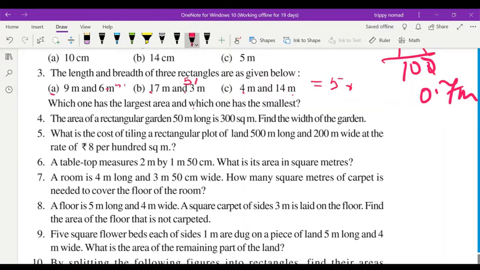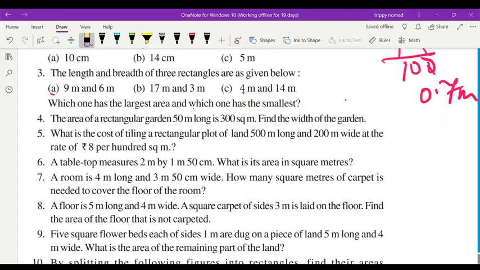You have to write with the proper method by using the proper formula. This one will be the smallest and this one will be the greatest. B will be, I think, okay, you do it with the proper method and you will get the answer.